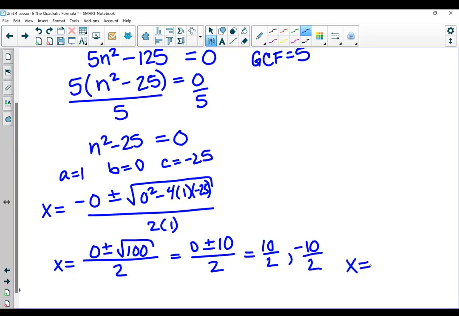So our solutions to this quadratic equation are negative 5 and 5. If it works out evenly, you do have to write them as 2 separate answers. If you have an i or a square root left in your answer, feel free to leave it in the plus or minus notation. We really just want it as simple as your answer can get.